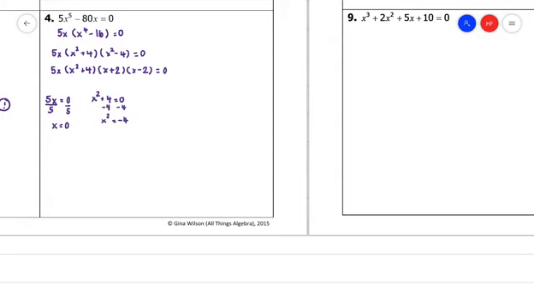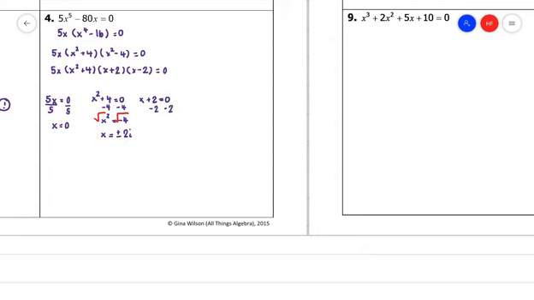So I'm going to be taking the square root of a negative. The square root of 4 is 2. So this is 2i, since we have to take that i out. Then x plus 2 equals 0.